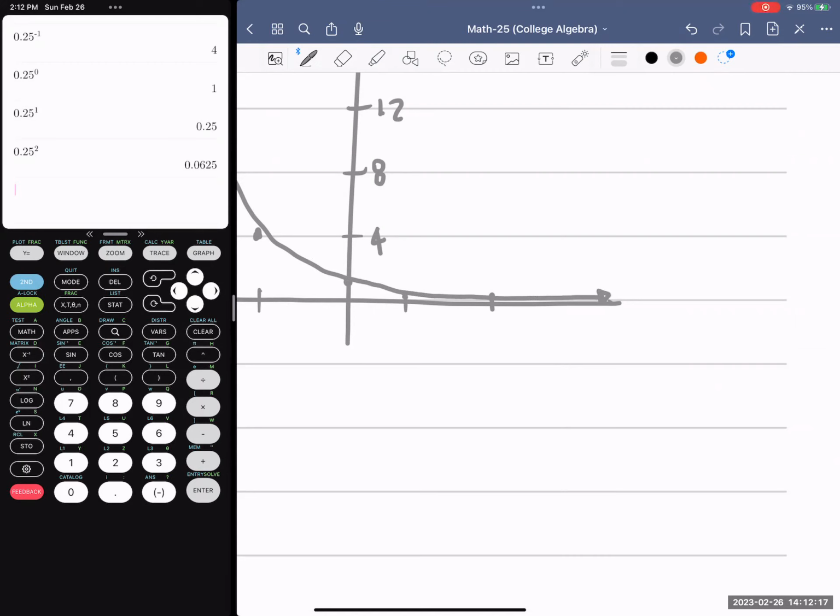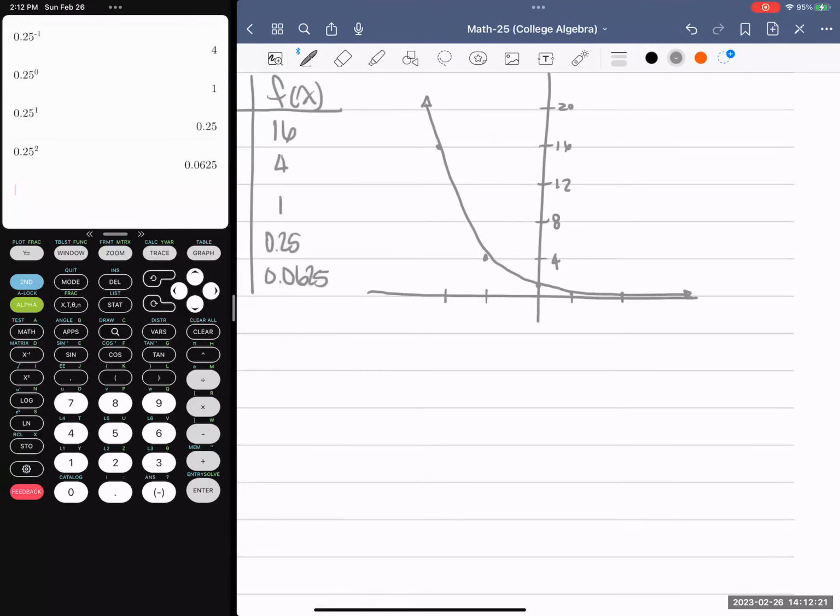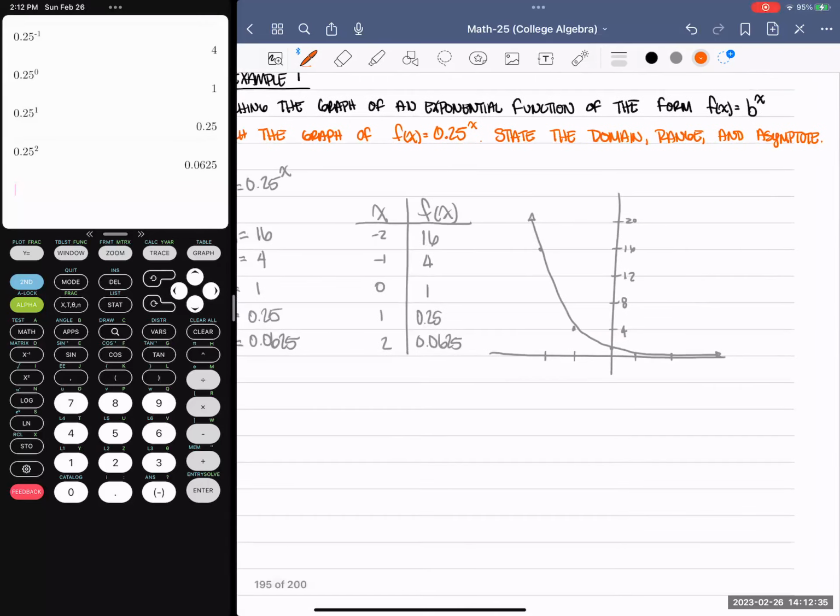As we keep going further and further right, we're going to get really, really close to 0. We actually never touch 0. The numbers just start getting really, really small, but they're not going to cross that.